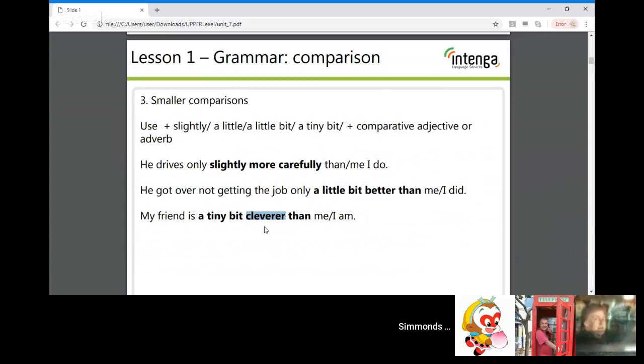But again, I think "more clever" in this example sentence would sound strange. My friend is a tiny bit more clever than me, for example. So you have tiny bit, which means a little, plus the more, that just doesn't really go well together. So back up to this first example, slightly more carefully.